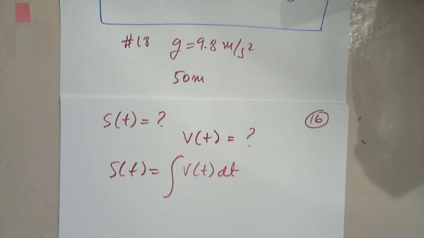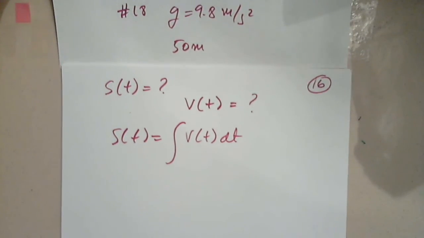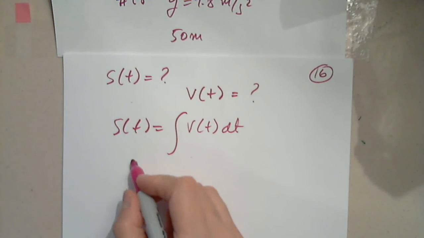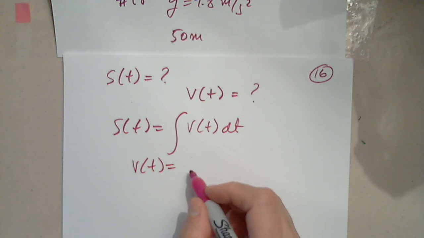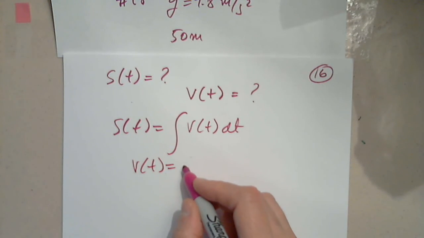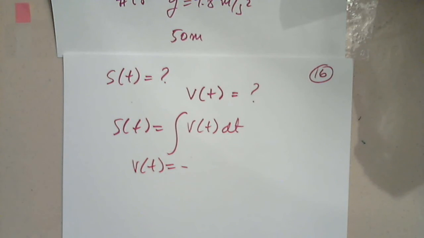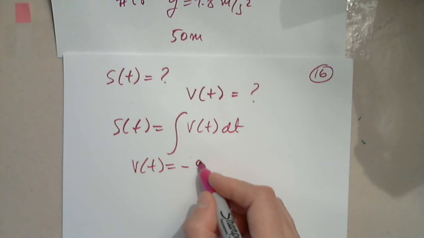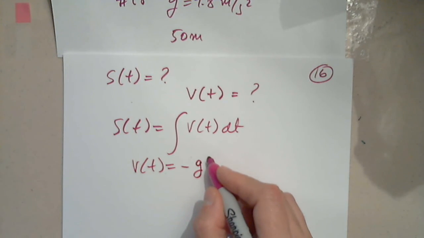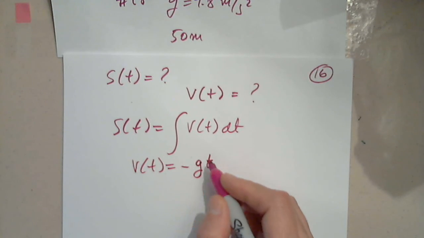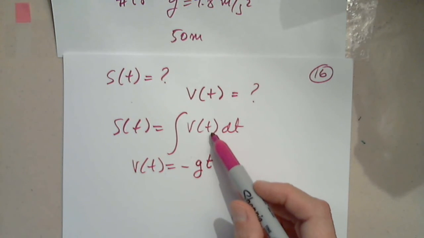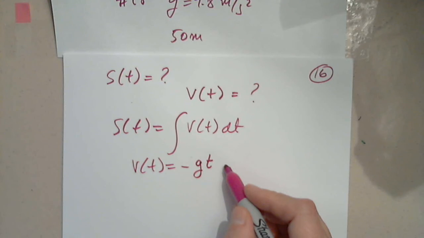The velocity for something like this comes from physics. The velocity is negative g t, because this will be g t squared over 2.